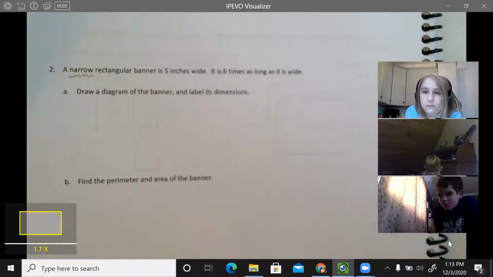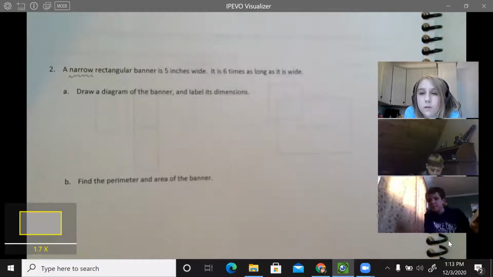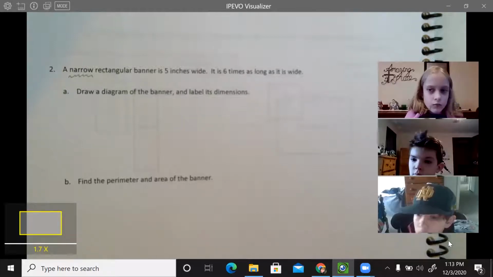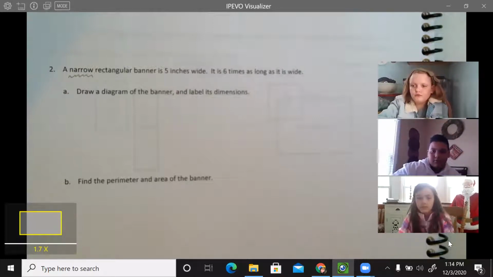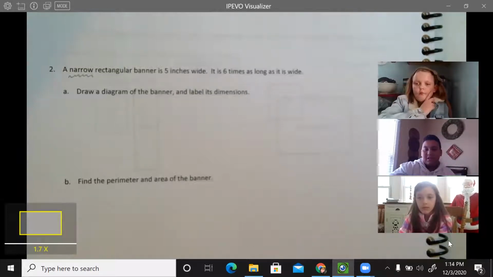If you're walking down a narrow hallway, what would you imagine the hallway looks like? Like an endless hallway? Now that's a really good guess. Does anyone know what the word narrow means? You might have a narrow foot. Carson? It's a tight space. Right, it's skinny, it's little, it's a tight space.